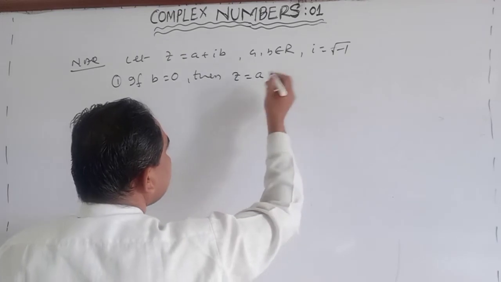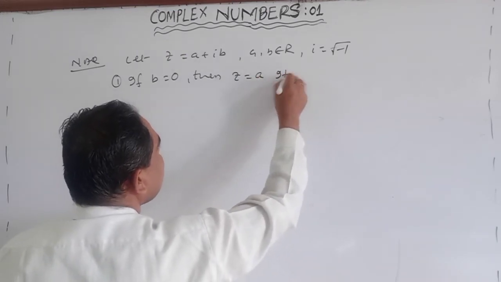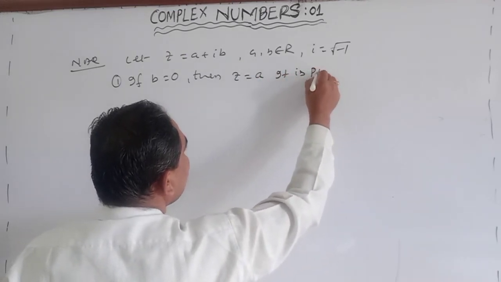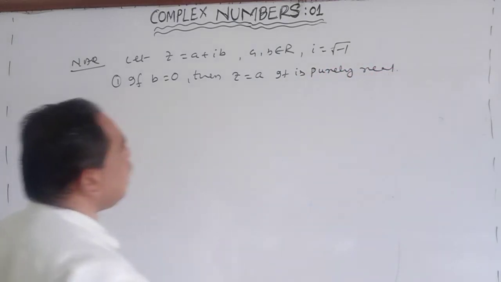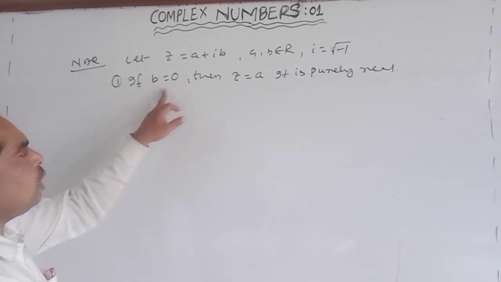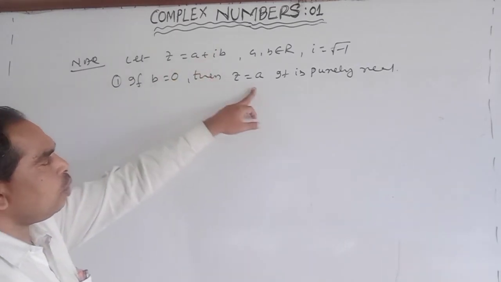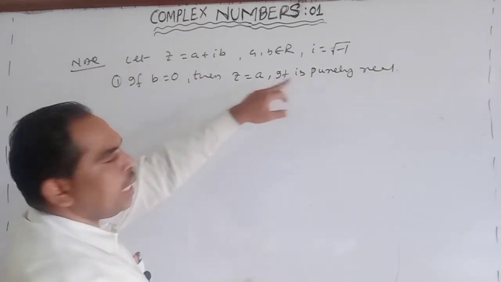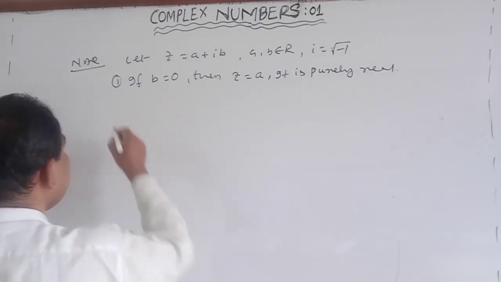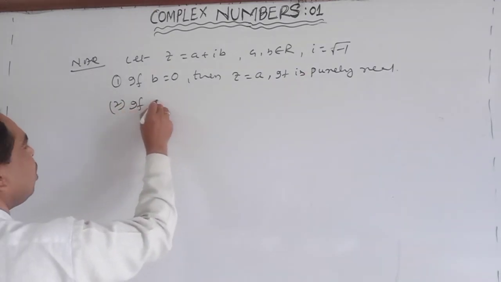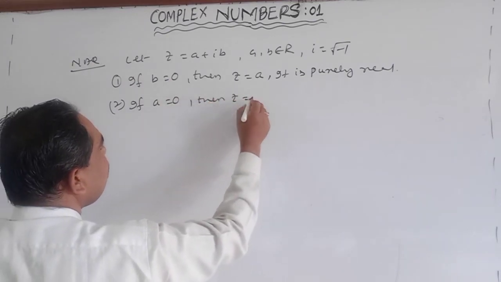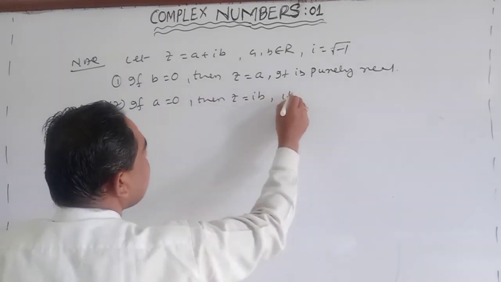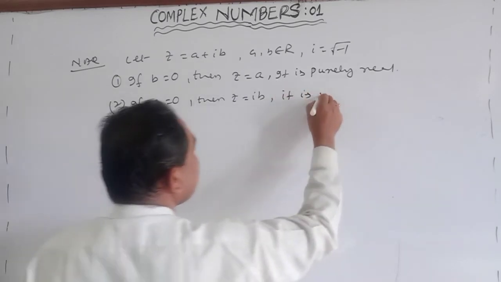It is purely real. Two: if a is equal to 0, then z is equal to ib. It is purely imaginary.